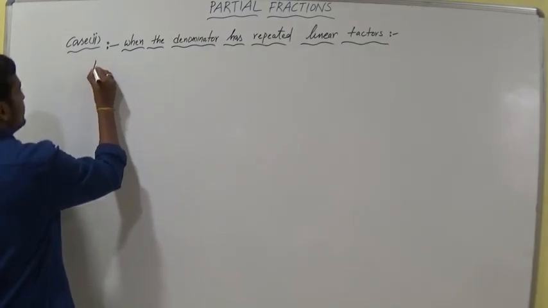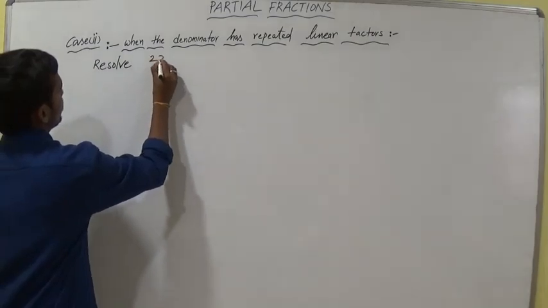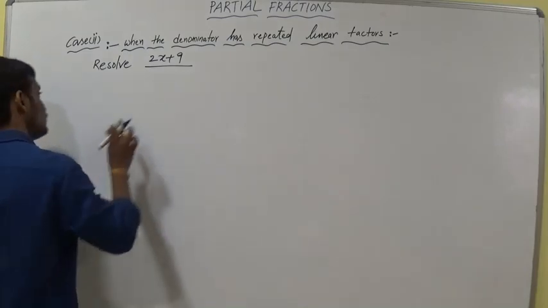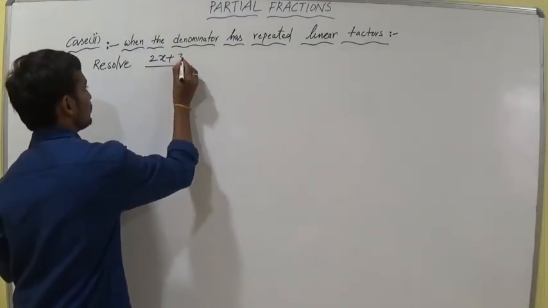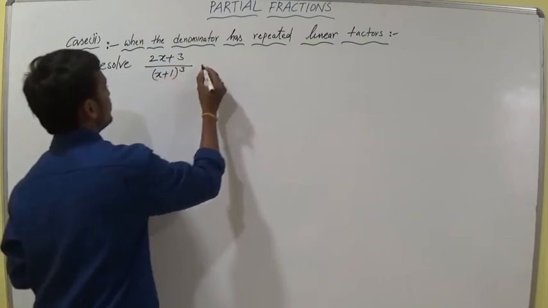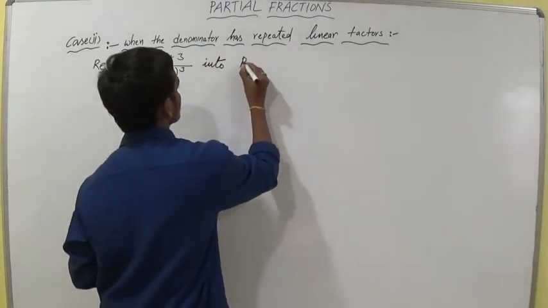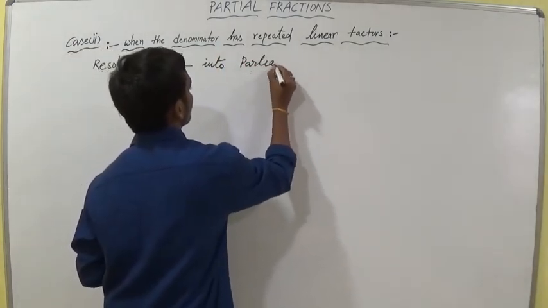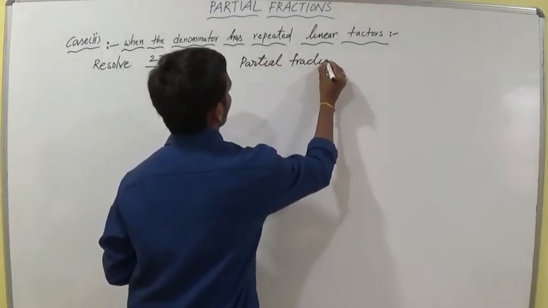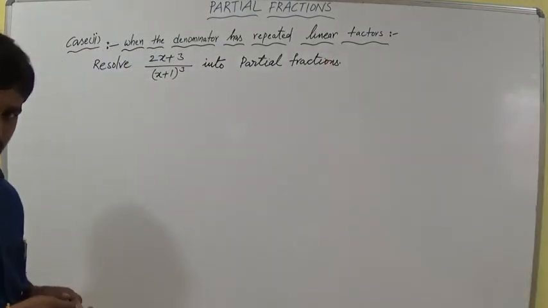The problem is: 2x plus 3 by x plus 1 whole cube, into partial fractions.